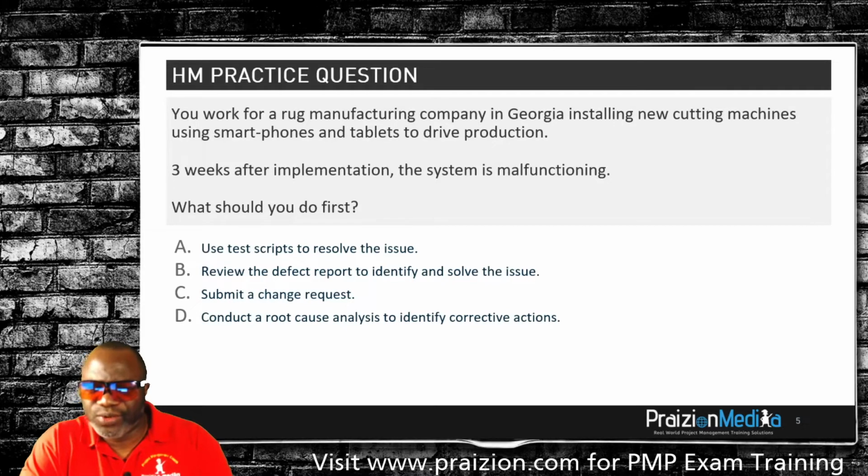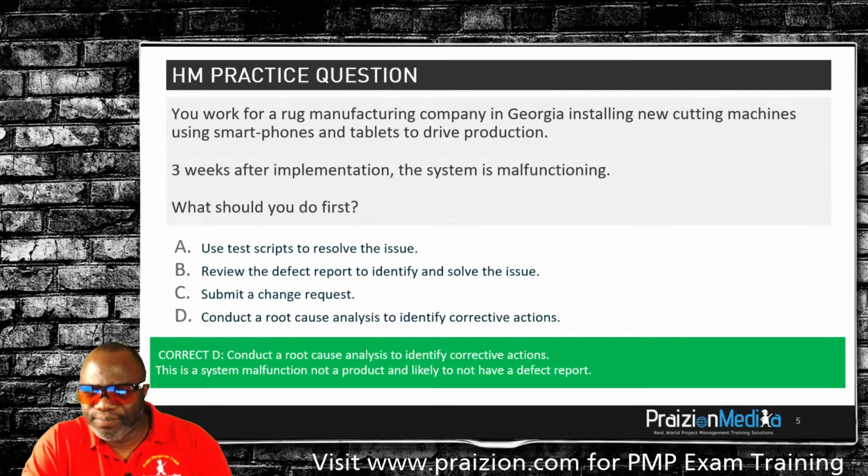Well, how can you submit a change request if you don't know what the problem is? So conducting a root cause analysis to find out what exactly is the matter makes sense. It wouldn't be preventive action and it wouldn't be defect repair, right? Because this is an entire system malfunctioning, and a system malfunctioning could cause, of course, many defects, but it's not a defect in and of itself. It's in need of corrective action. So the answer to this is D.